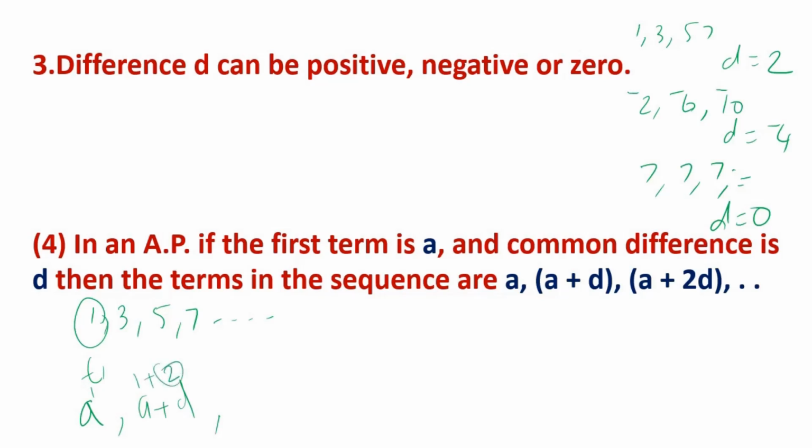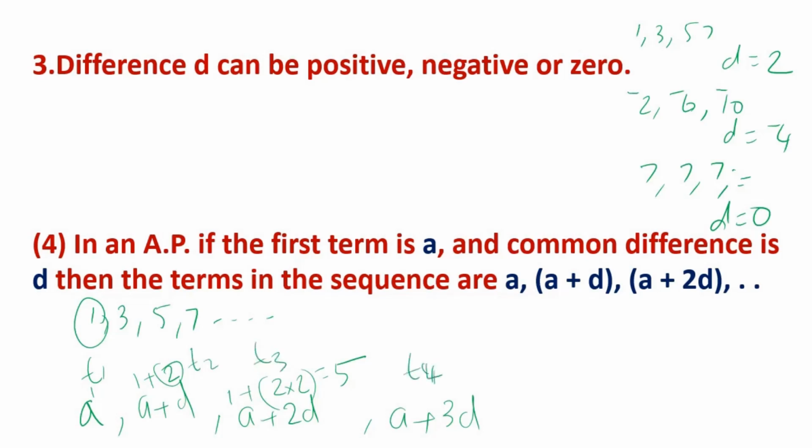Then you will be getting 5 by adding A plus 2D, that is 1 plus 2 into 2, which is equal to 5. Then the third you got A plus 3D, like that it goes. So this is term 1, term 2, term 3, term 4.